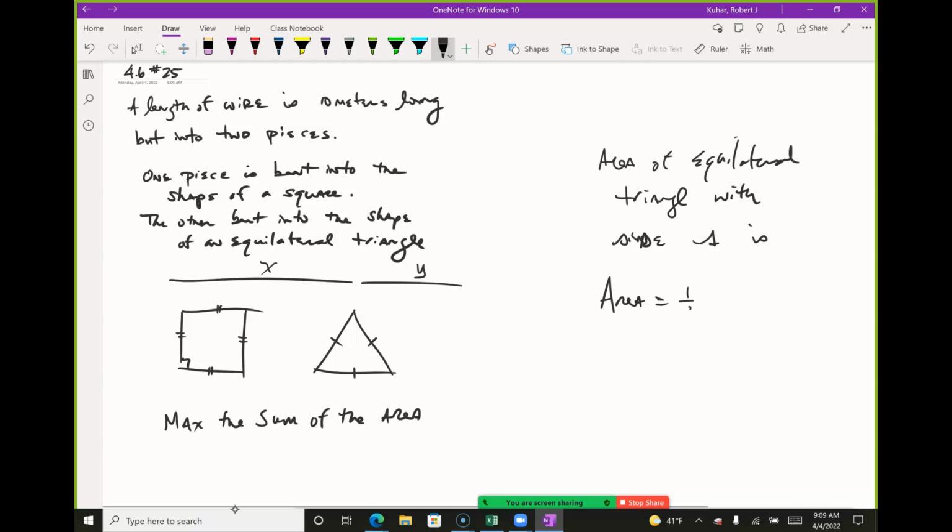Yeah, it's 1/2 base times height. Rad 3 S over 2. Wow, I remembered something. Yep. So that would be rad 3 over 4 S squared. I want to double check that, but I'm pretty sure that's it.